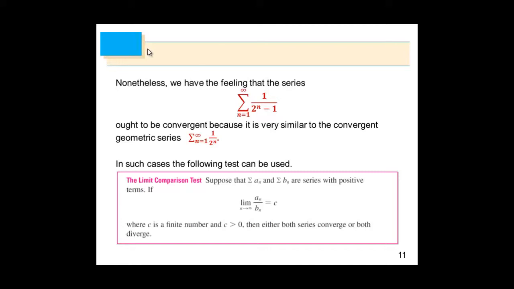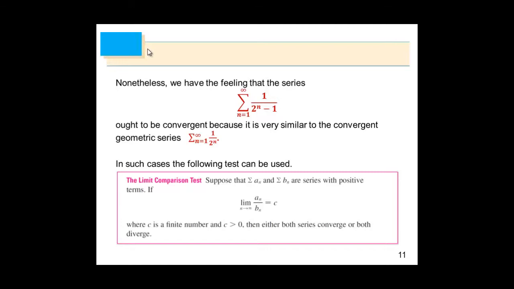Suppose that I have two series, sum an and sum bn, and both of these series have positive terms. And suppose that if I take the limit as n goes to infinity of an divided by bn, then I get a number c, and let's assume that c is strictly bigger than 0.